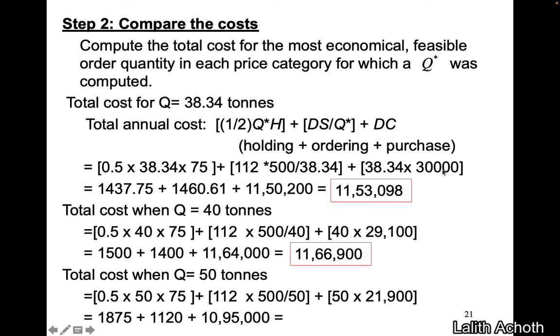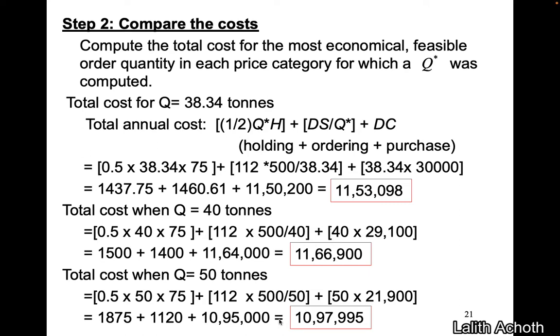So it's like multiplying it by 73. So 30,000 into 0.73 gives me 21,900. My total cost now becomes 10,97,995.